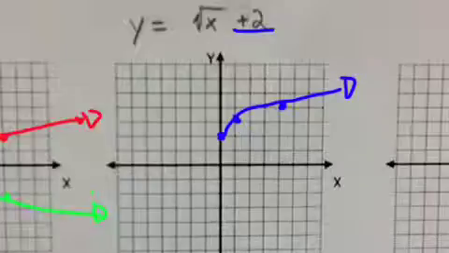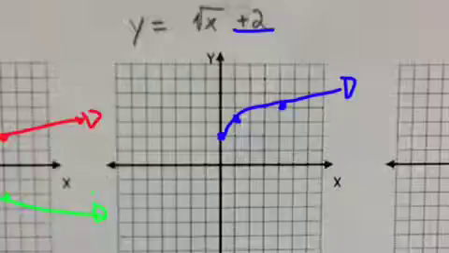It's the same shape, the same look. It just shifted up from where it was, because we added 2. If we subtracted 2, then we would have shifted down, so that starting point would be at 0, negative 2. So it's the same shape, we just moved it up 2.